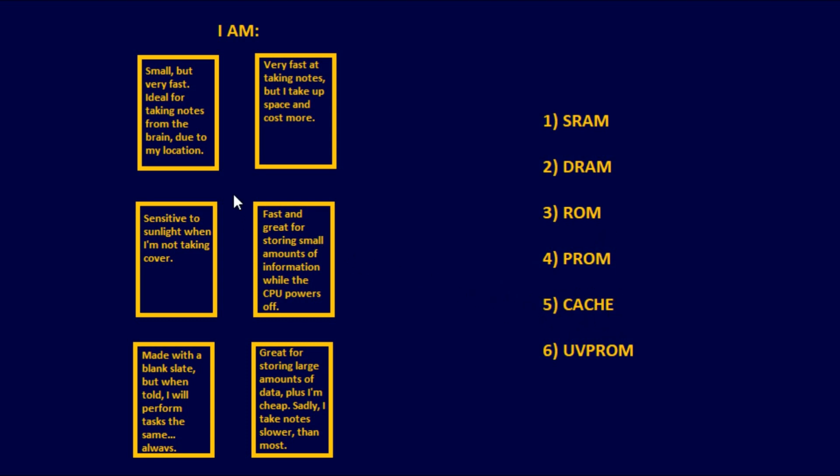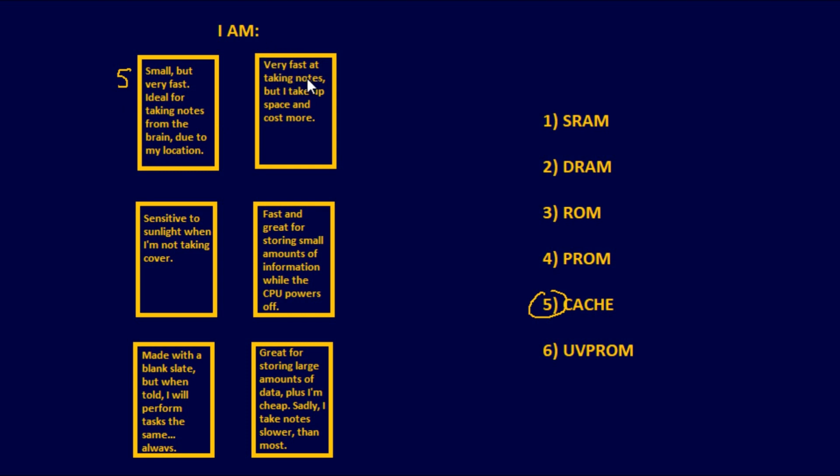And then it says based on its location. Well, based on the slides, we know that cache can be internal to the microprocessor or be very closely external to the microprocessor, levels 1 and 2. And it's very small and very fast. So I'm going to say for the first one, it's going to be this guy right here. So I would say this guy is number 5. So it's cache.